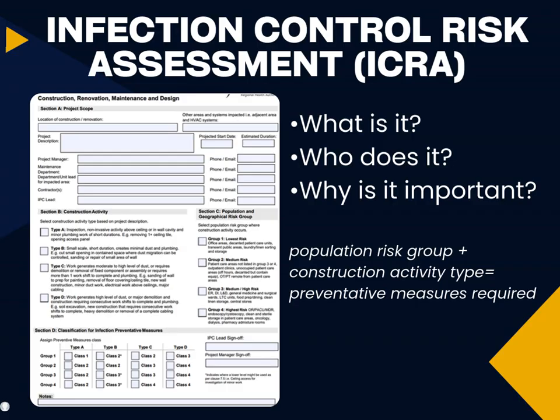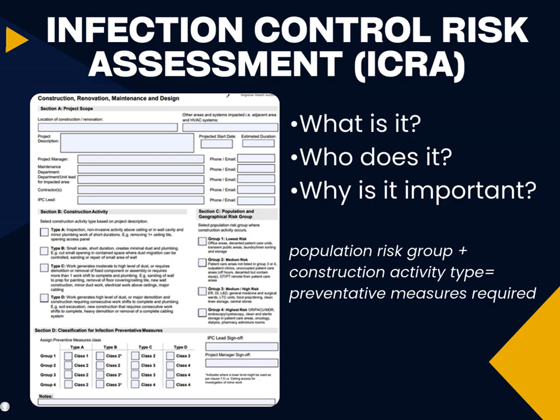At a minimum, the assessment must identify the at-risk population, construction type, and selected preventative measures. For CRM projects requiring preventative measures 3 or 4, the ICRA must be completed by the Infection Prevention and Control Team in collaboration with the multidisciplinary team.